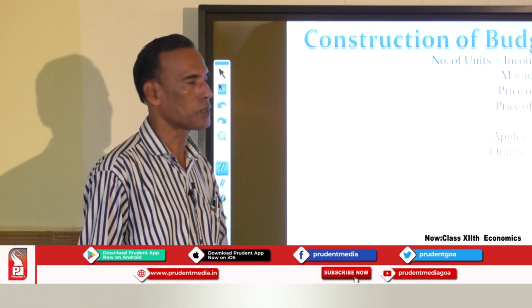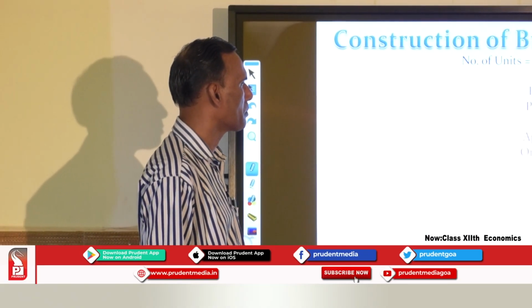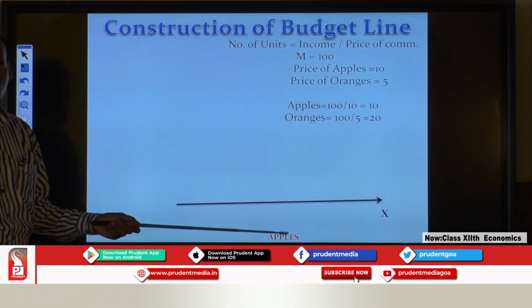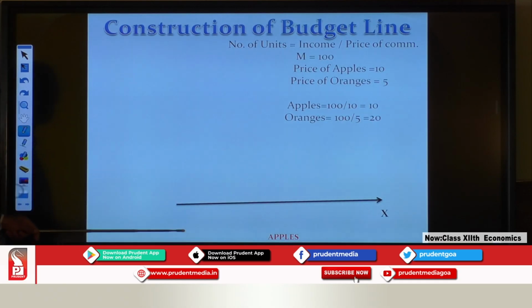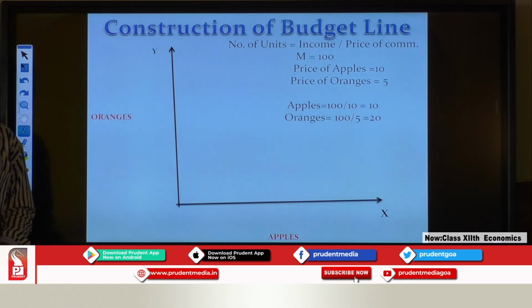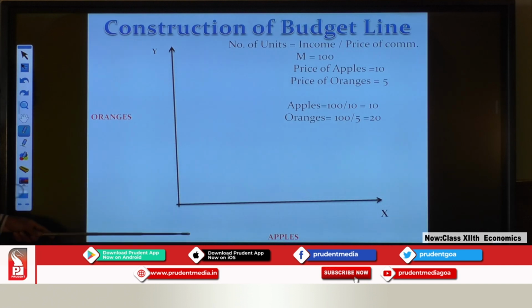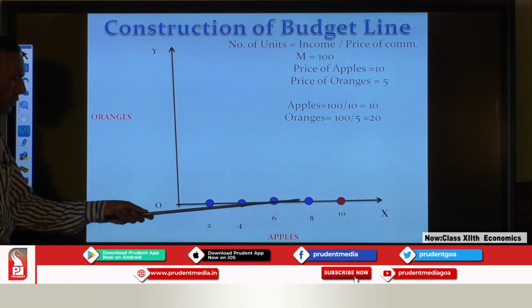Now let us draw the diagram. On the x-axis, we measure apples, commodity 1. On the y-axis, I measure commodity 2, which in this example is oranges.